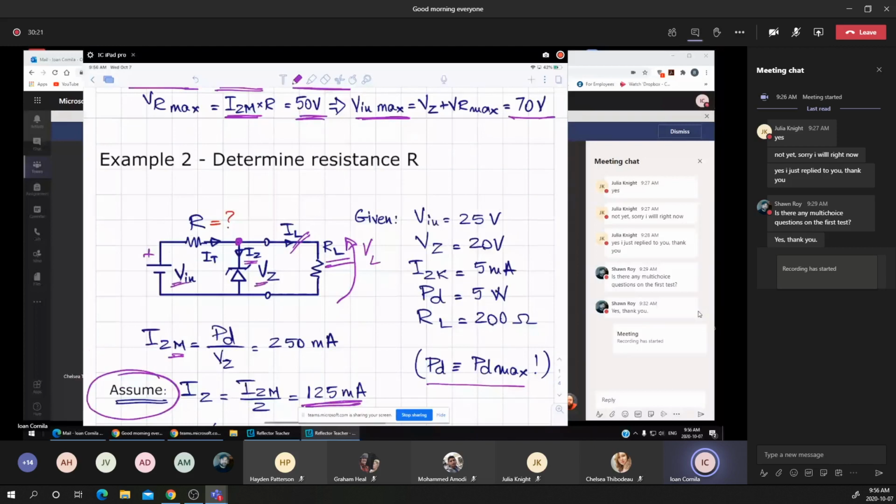Again, I'm applying KVL in this inner loop, so the Vin is the VR plus the VZ.